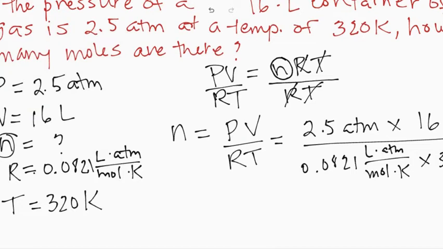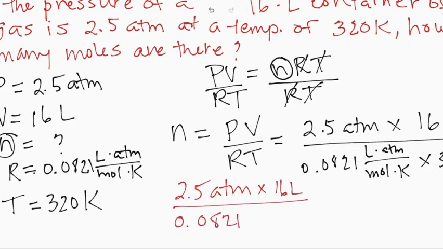Before I look to see if the units cancel, I want to make sure you understand that when liters atmospheres over moles kelvins is in the denominator, it's like multiplying times moles kelvins over liters atmospheres. So, for example, if I rewrite this, 2.5 atmospheres times 16 liters divided by 0.0821.